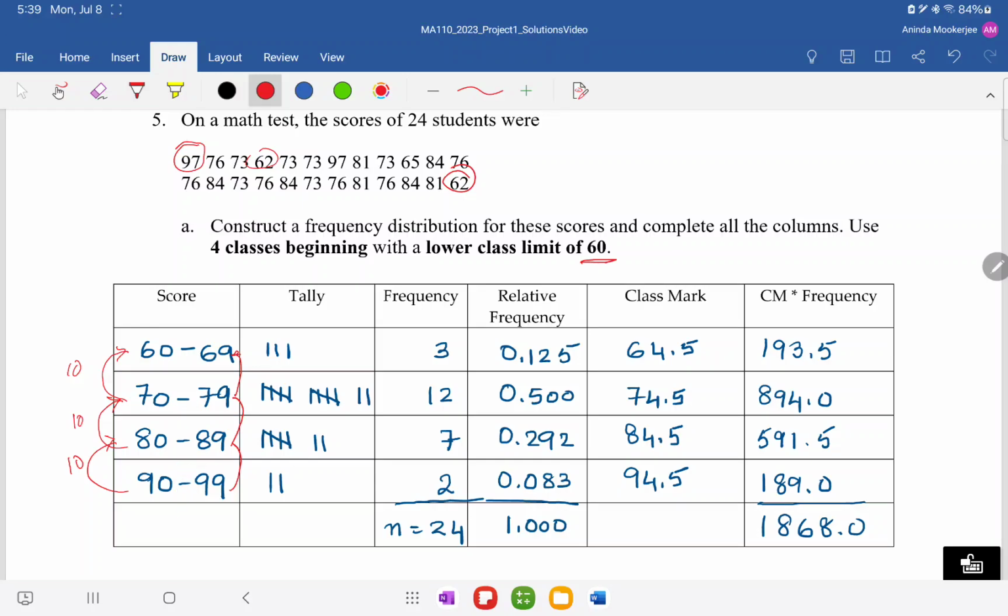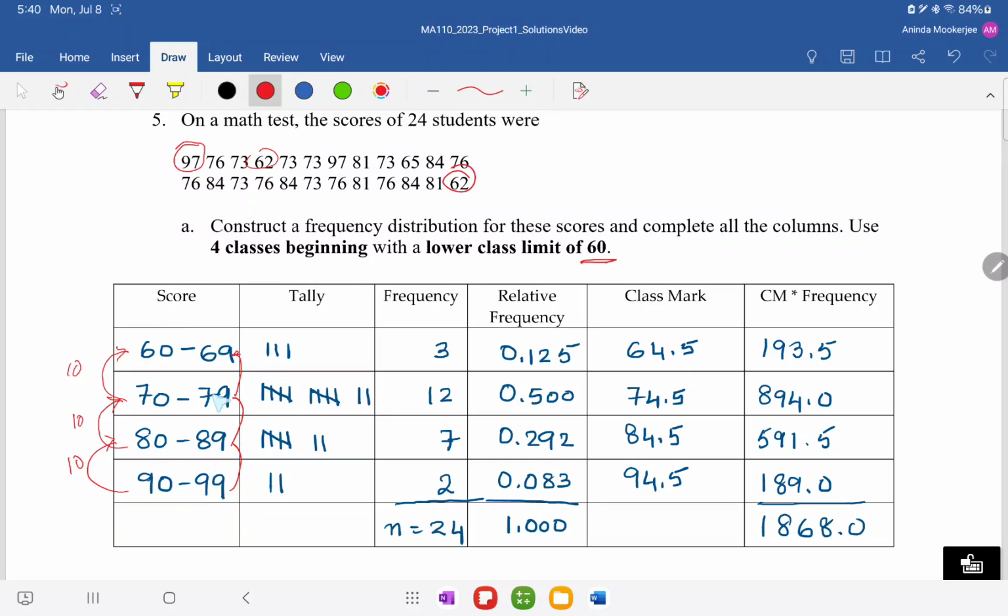All right. So just use your judgment, your logic, and come up with the intervals. But the key point is make sure that all the class widths in each of the intervals are uniform. All right, they are all the same.